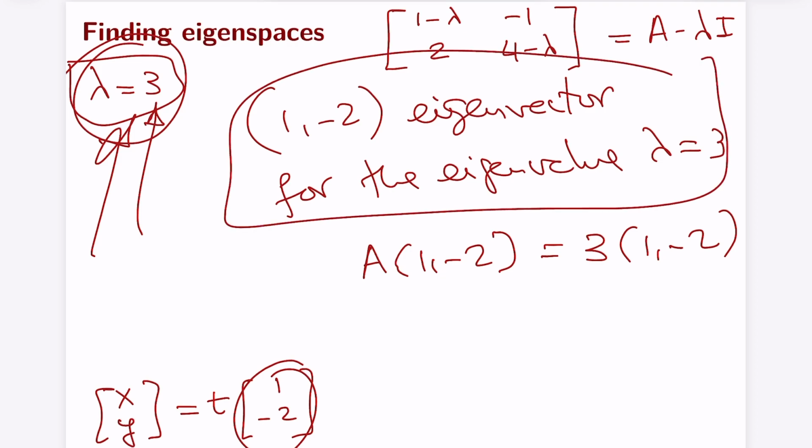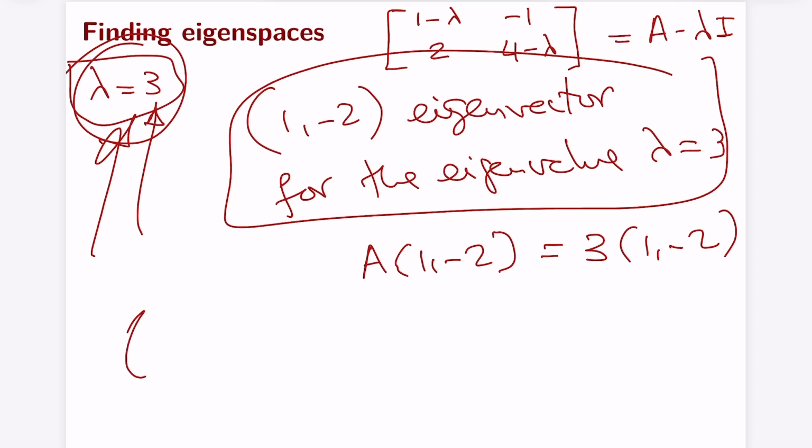So what we can do is transform 1, minus 2 and check if this is the triple. This is what we have done at the beginning. We have the matrix 1, minus 1, 2, 4, and we multiplied by 1, minus 2.